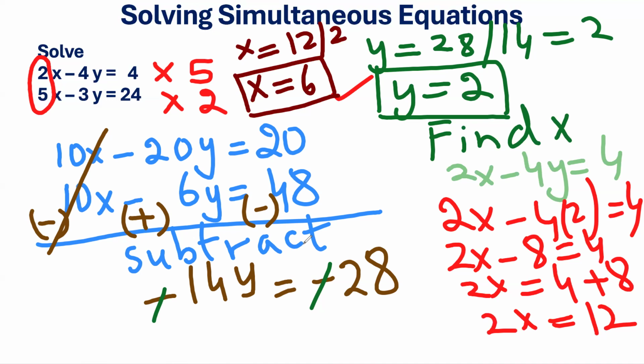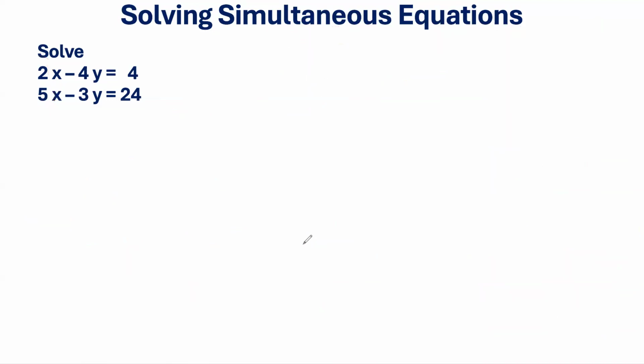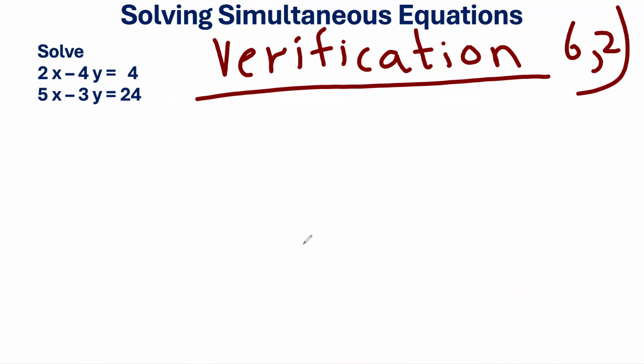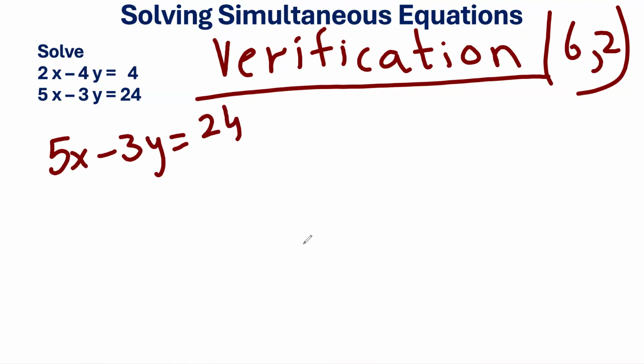So let's verify our answer 6, 2. This is called verification. Let us see how to verify 6, 2. X is 6 and y is 2. You can use any equation. I'm using equation 2, 5x minus 3y is equal to 24.